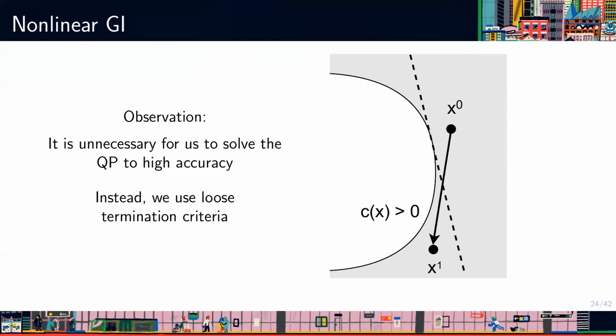This means that regardless of how accurate the QP solve is, we will still need some way of dealing with these nonlinearities. For this reason, we use very loose termination thresholds here and just simply let the QP solve produce a nearly injective state. Of course, how loose is going to be problem dependent and something that we definitely plan to explore in future work.